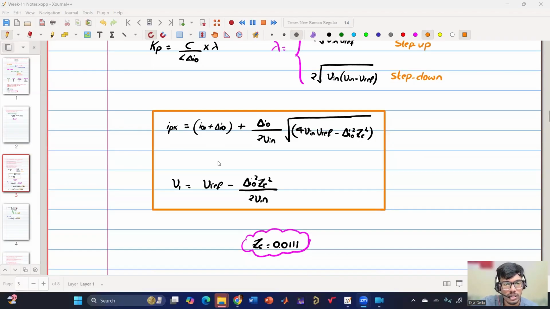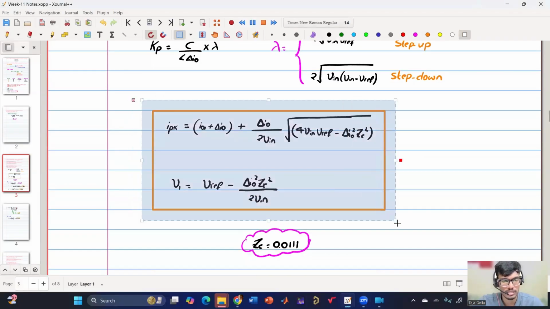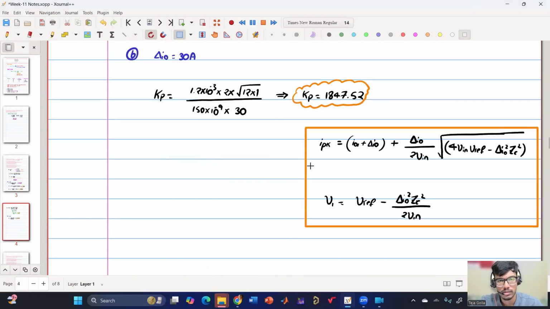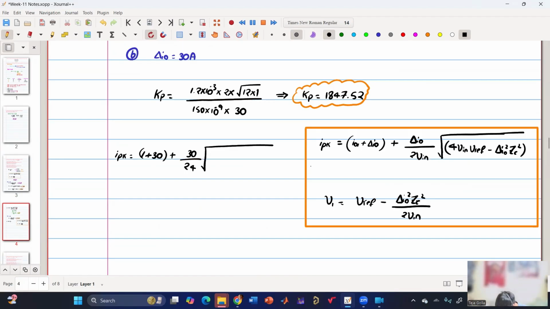So we have I naught plus delta I naught. One thing I'll do, I'll just copy paste in the next page so that I need not scroll up and down. I'll keep it aside. So my I peak is I naught, which is 1, plus 30 amperes, plus delta I naught by 2 into V is 24, into square root of 4 into V in V reference, which is 4 into 12, 48, minus delta I naught square, 30 square, into 0.0111 square.